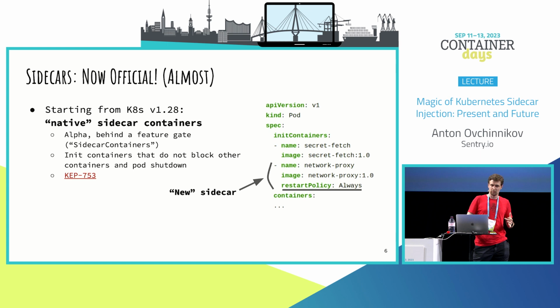And this will be a sidecar in this new definition. Basically, two things will happen. The first one, after this container starts, along with other init containers, it will be on its own, right? We will not wait for termination of this container. And the second part is it will not block the pod shutdown, right?